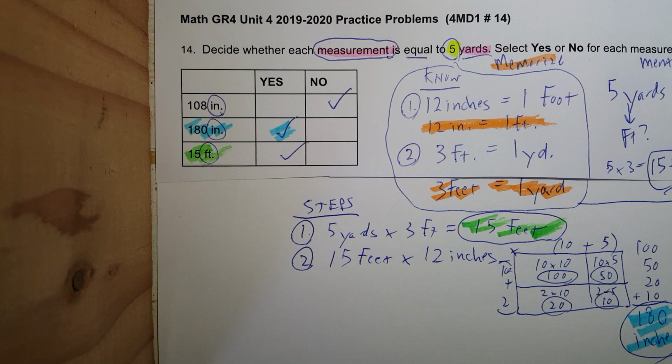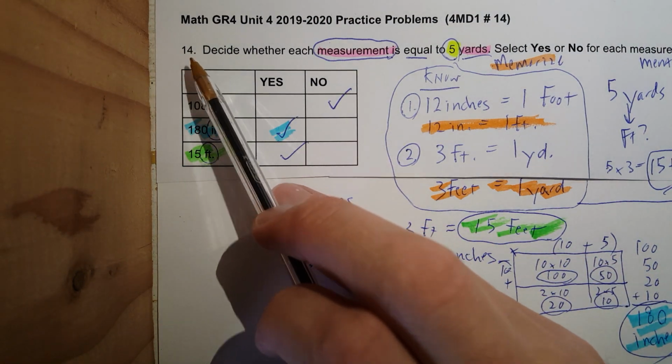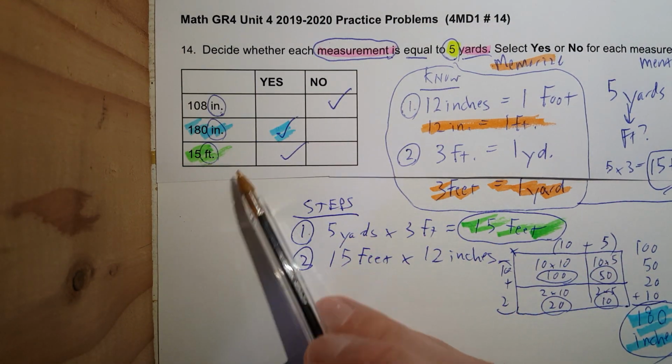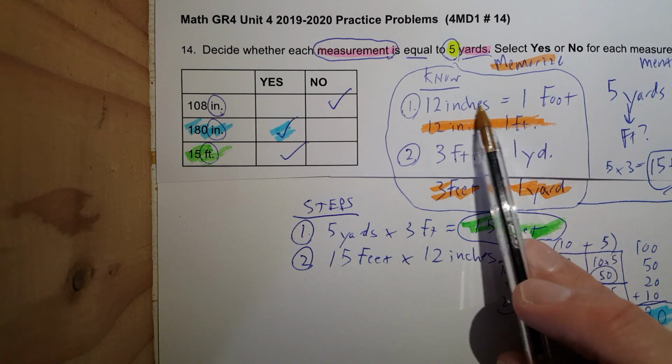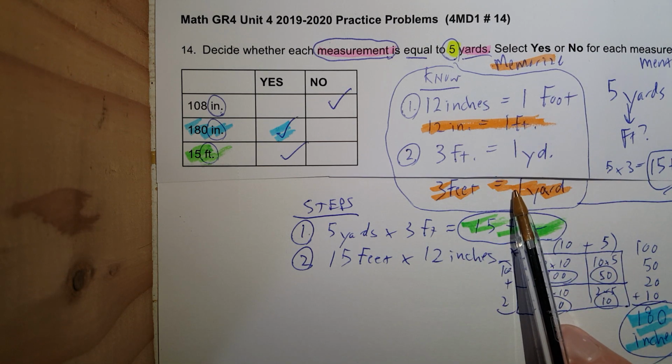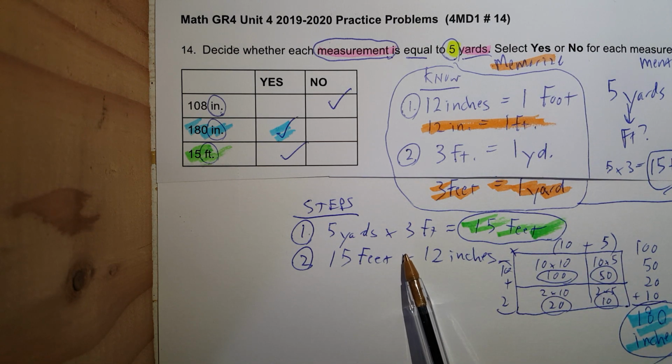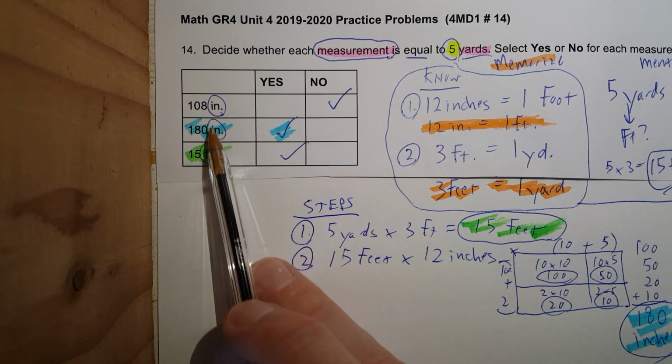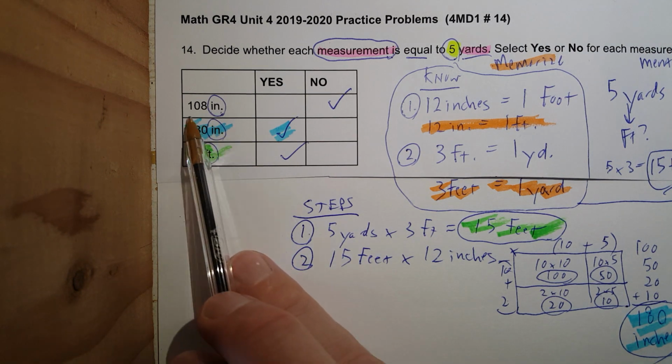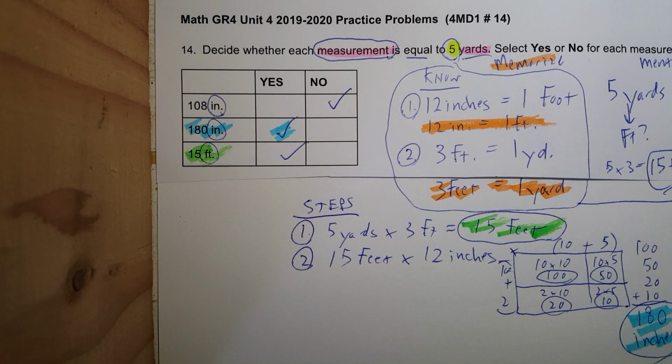So in the end, this problem, even though it only says number 14, it's still 1, 2, 3 problems. You need to memorize information beforehand, and then you need to do several steps to make sure you get all the possible answers and to eliminate a possible answer.